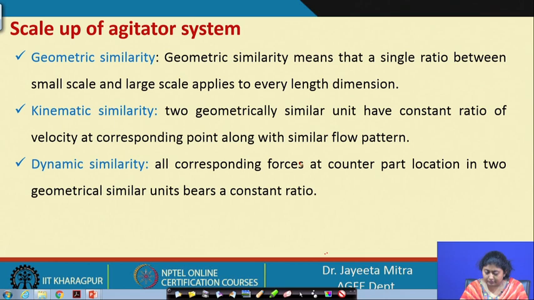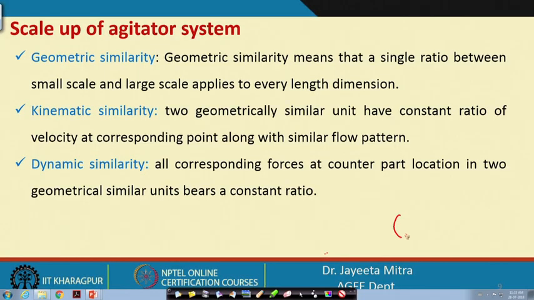So, for example, at the end of the impeller tip you have measured the impeller velocity. So, what will be the fluid velocity at the tip that you have analyzed? Okay. For example, this will be your lab scale impeller diameter.